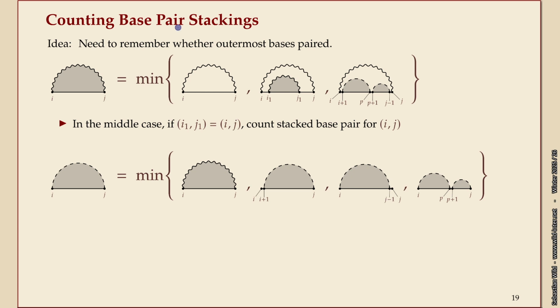Okay, so you could do counting the number of stackings in the following way. If you know the outermost pair is there, either there's nothing further in there, or you find the next inside, or you do the bifurcation. And for this part, you have the option to put the pair there and recurse, or have unpaired i or j, or further bifurcate.